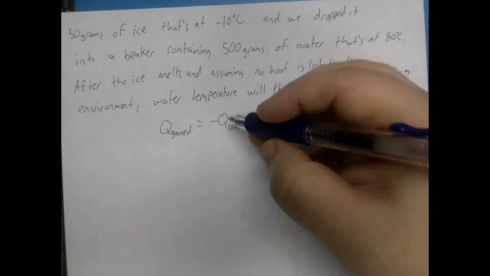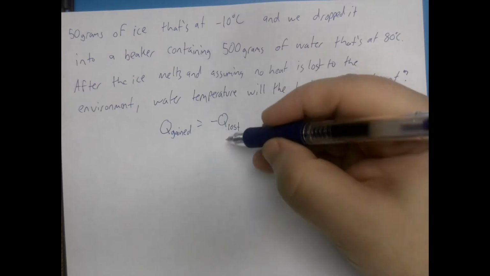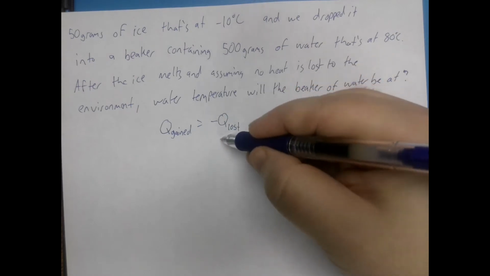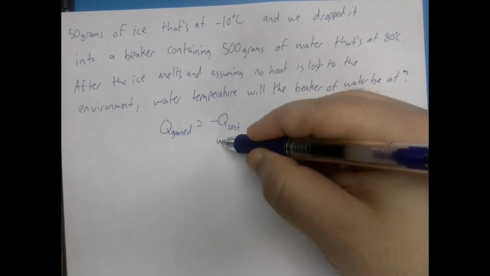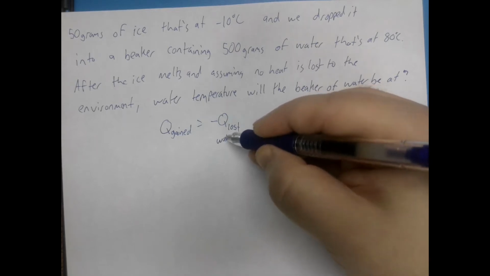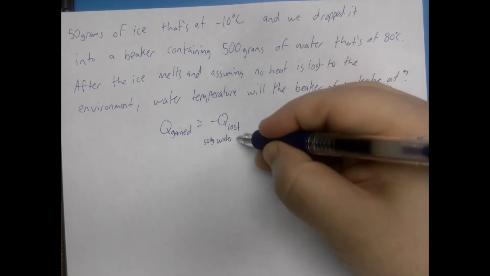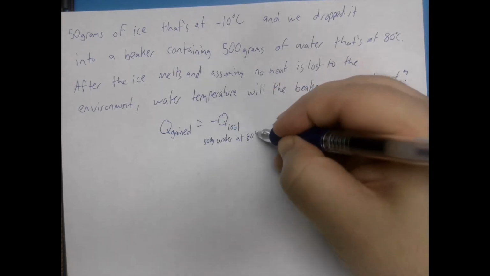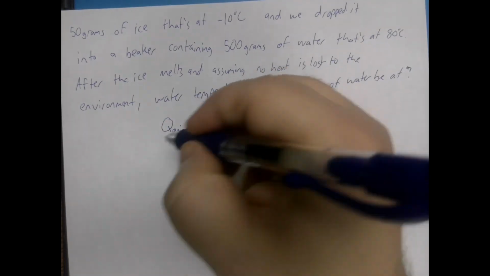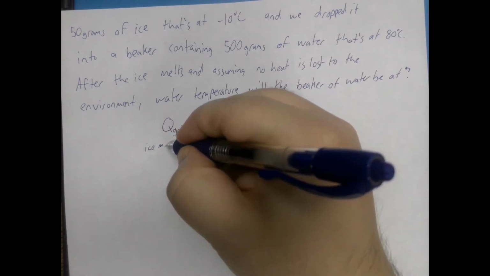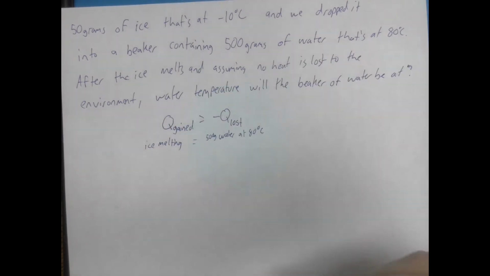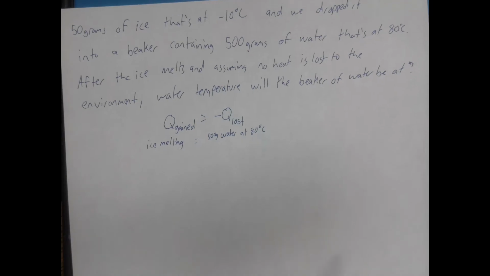So on this side of the equation, we're going to have the 500 grams of water that's at 80 degrees Celsius, and on this side we're going to have the ice melting. The ice melting is going to gain some heat.